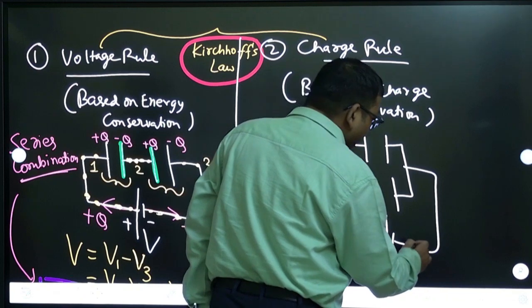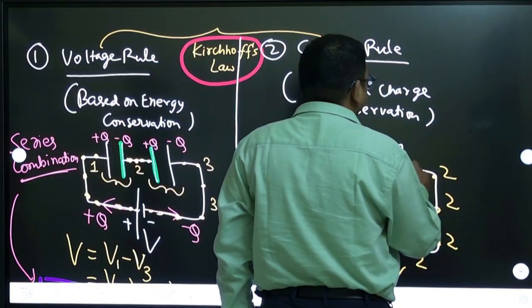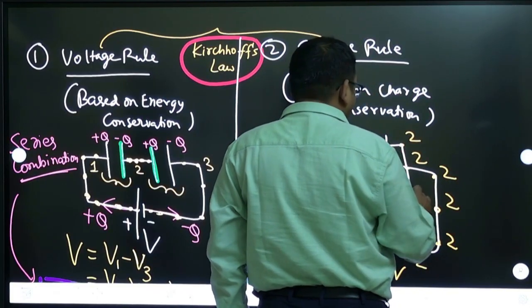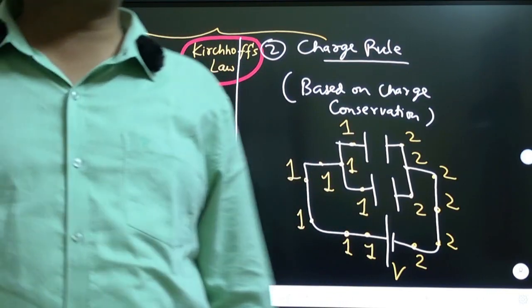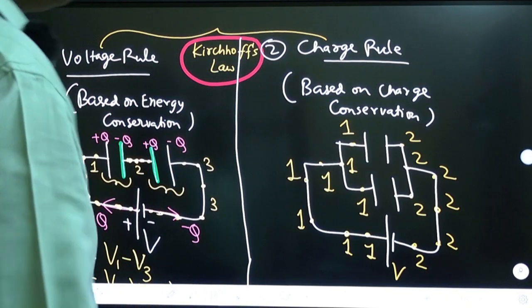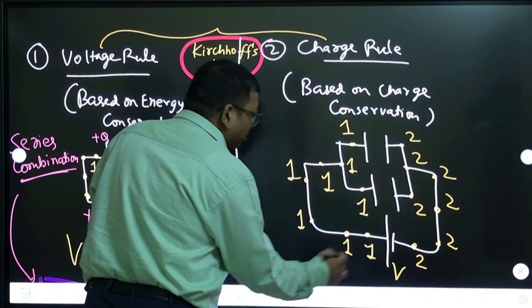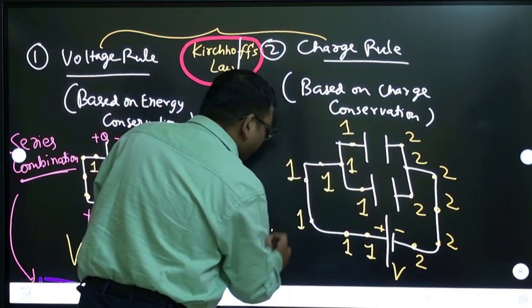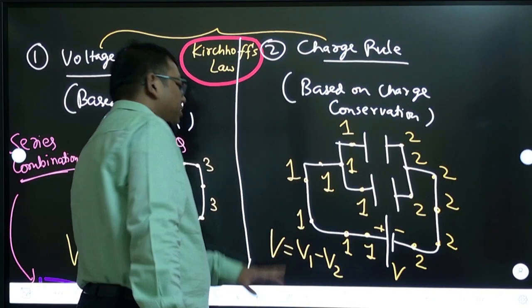So here you take this as 2. So there are only 2 points here. Now because this is plus and this is minus, V is the potential difference, which is V1 minus V2.